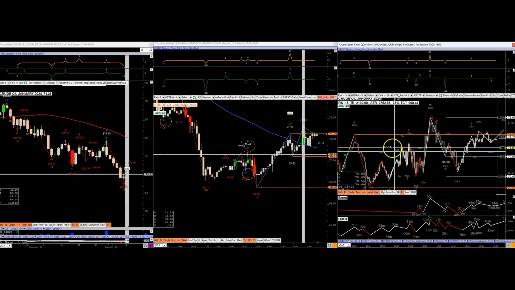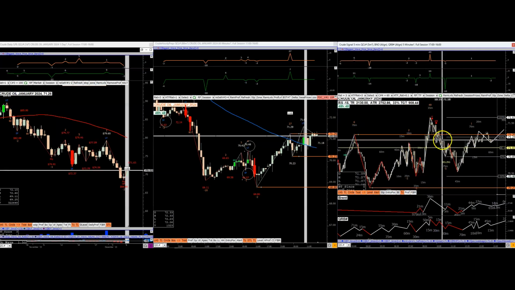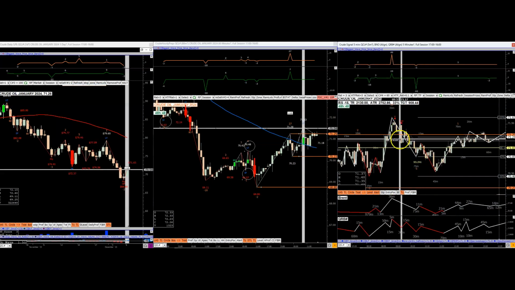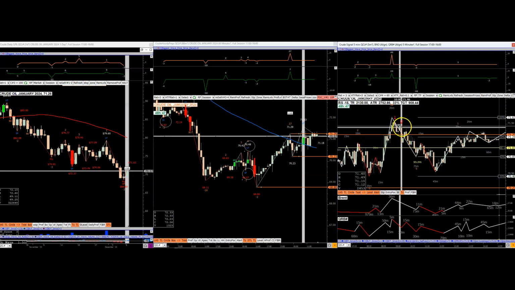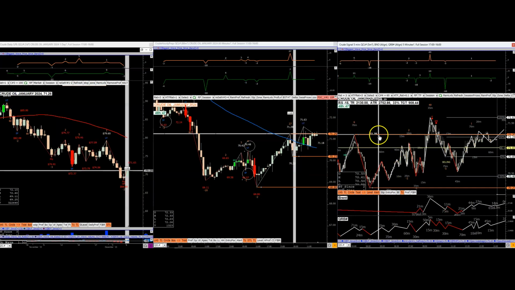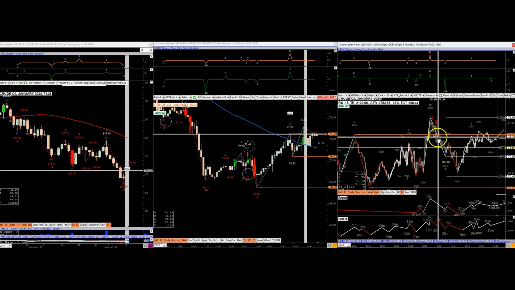All right. What happened was, as it tries to crack through, look at this. This is the biggest down bar in 100 down bars, almost 100 down bars plus. On the breakout attempt, you had this.